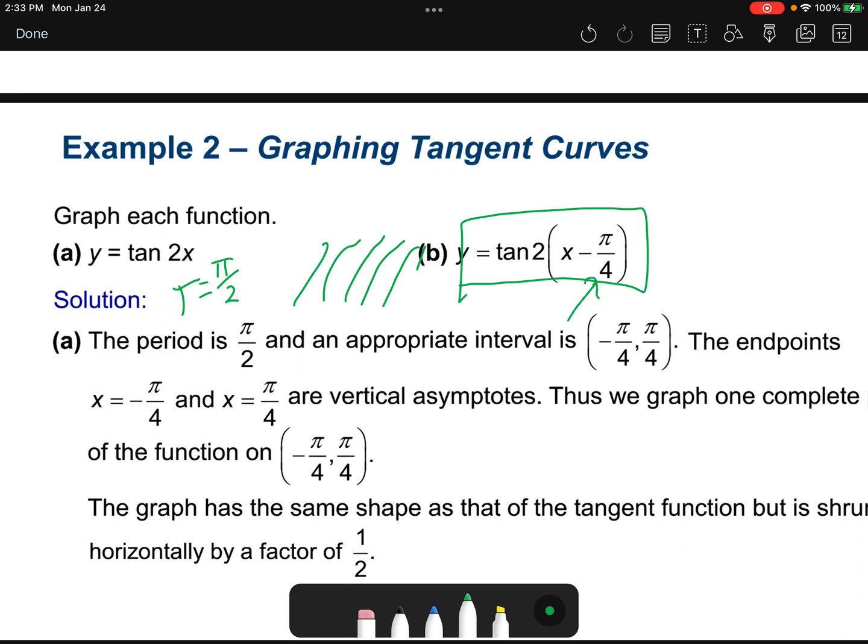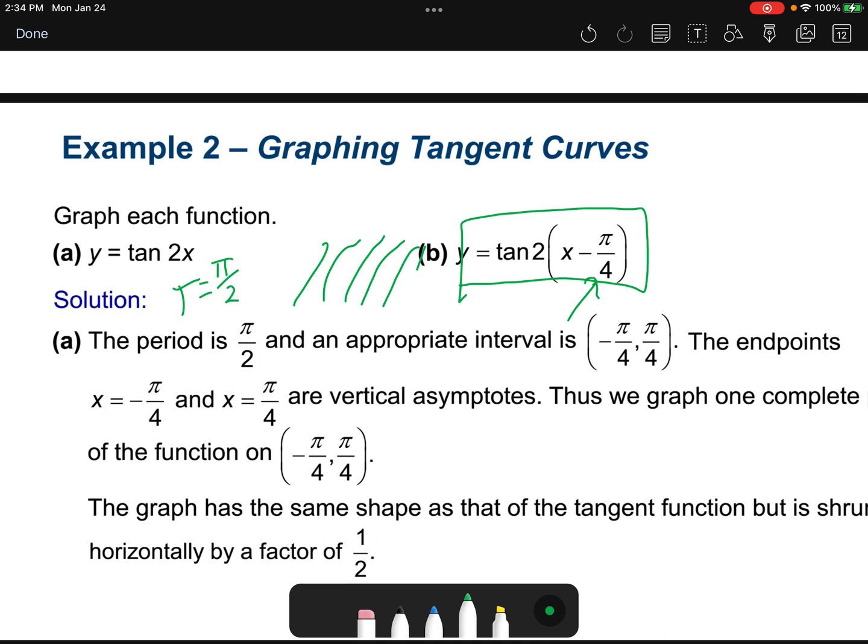Now on B, we're going to do the exact same thing, but we're going to shift it over pi over 4. So let's see if that has any effect. Keep the same graph, by the way, and go down below and type in tangent 2, open parentheses, x minus pi divided by 4. And let's see what kind of action that has on it. You see how it's been shifted?